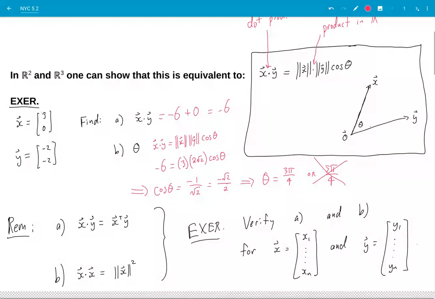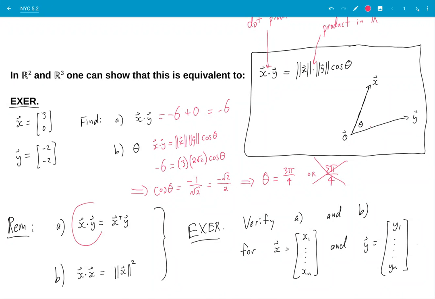Okay, a couple of remarks here. You can do a dot product, and it's equivalent to this product of matrices. This is an n by 1 matrix, and this is a 1 by n matrix.